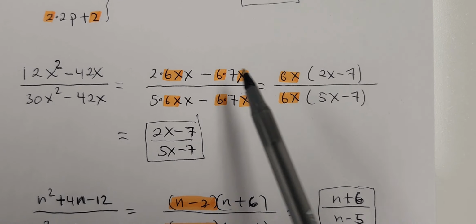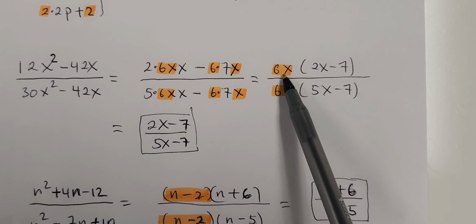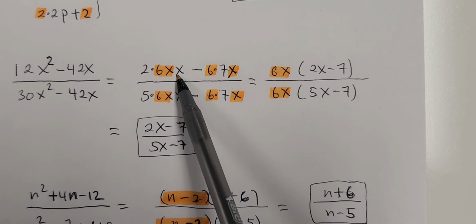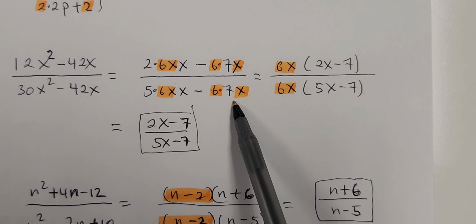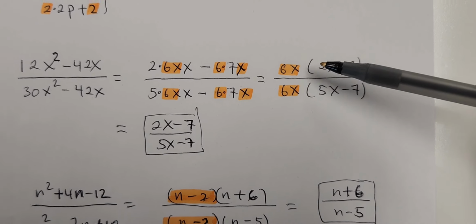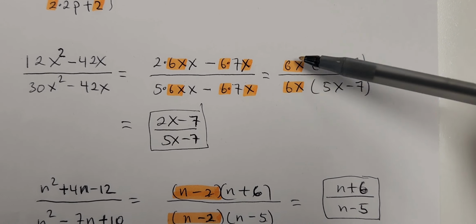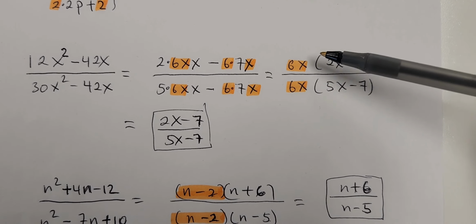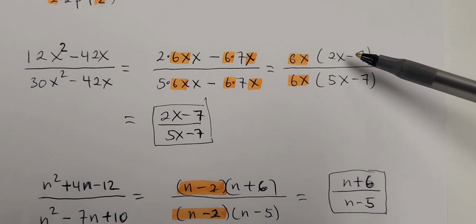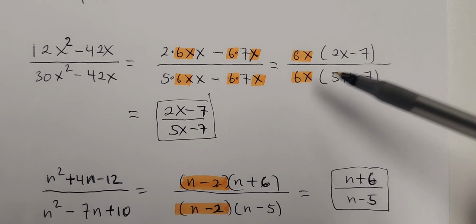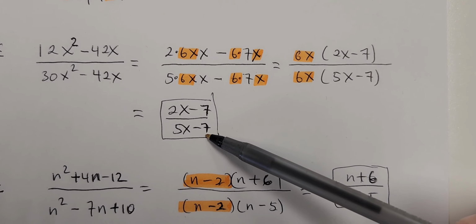Anything that looks the same, put it in the front. Anything that you didn't take, put it in parentheses. Once they are the same and separated, you can cancel, and anything that you did not cancel becomes the final answer.